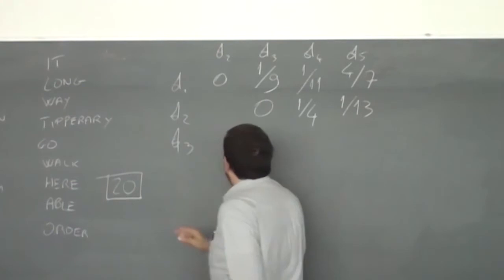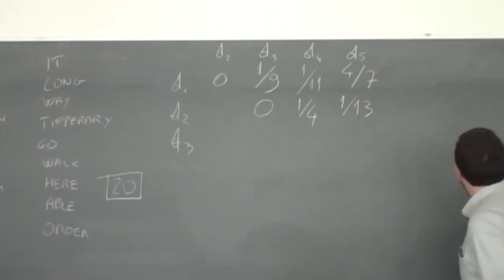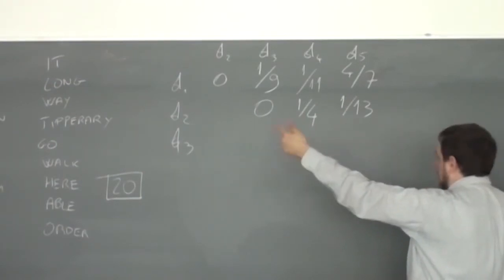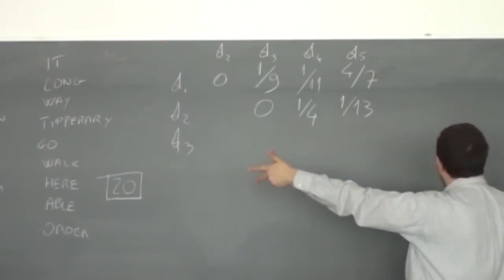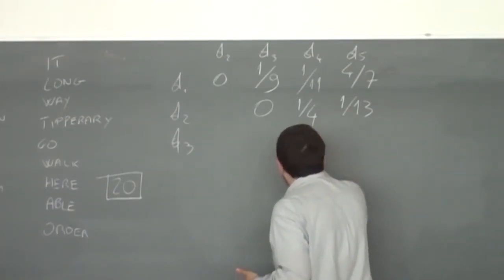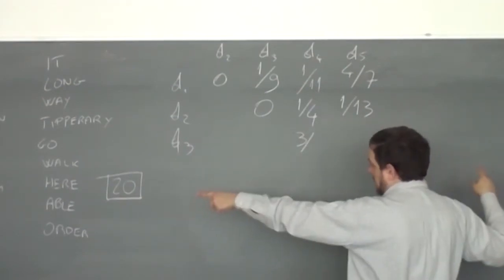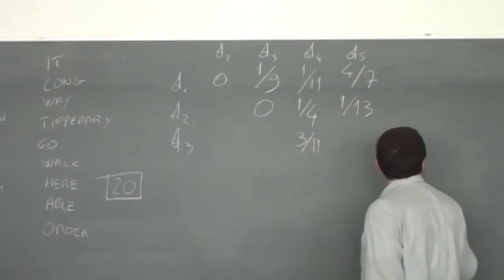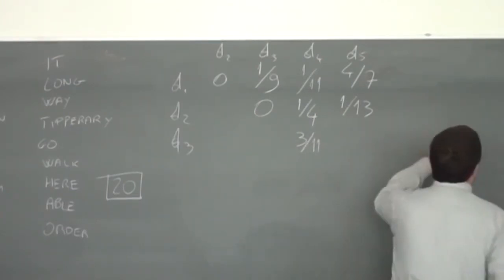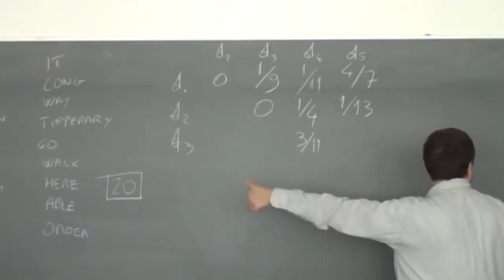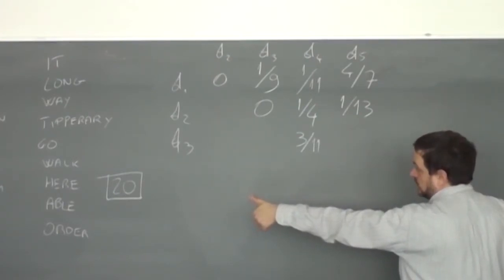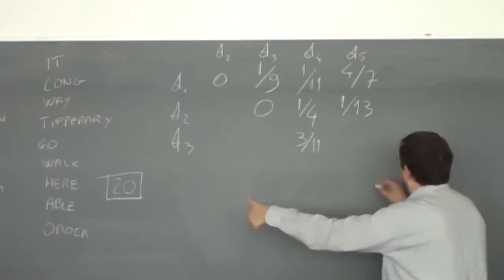Let's complete the table. So between D3 and D4 we have B, long, way, nothing else. So 3 out of 11. 8 plus 6 minus 3. Between D3 and D5, B, and apparently nothing else.